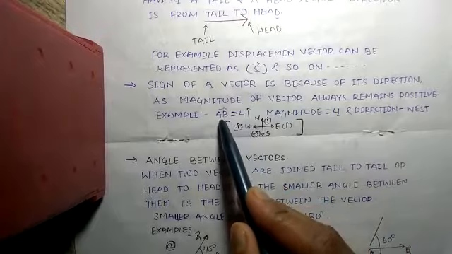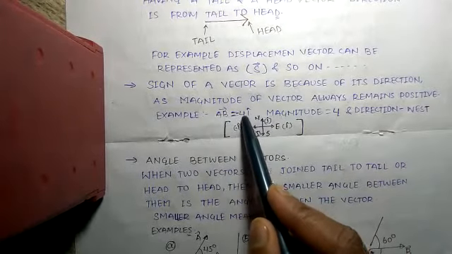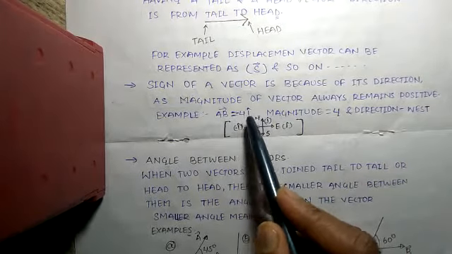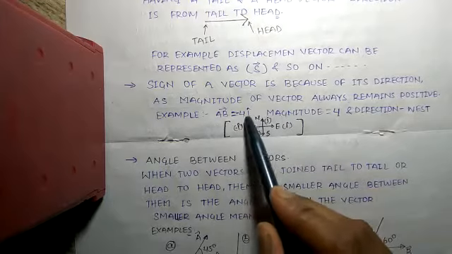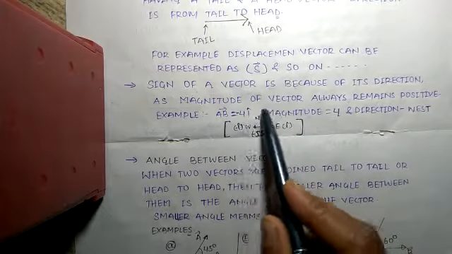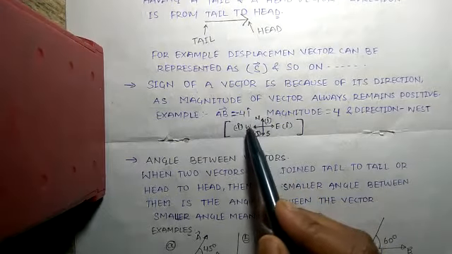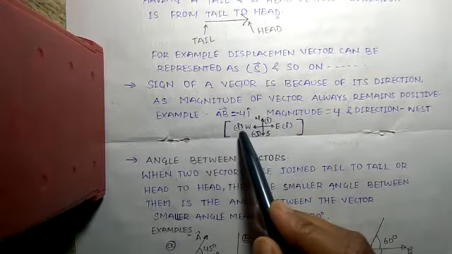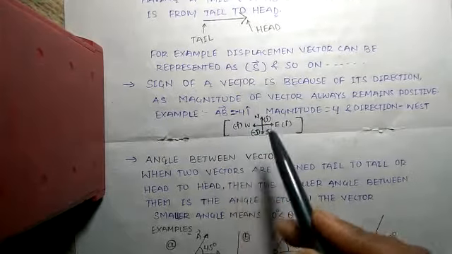For example, here I have mentioned AB equals negative of 4 I cap. Clearly the magnitude of this vector is 4 and its direction is towards west in Cartesian representation, or this can also be written as negative of I cap.